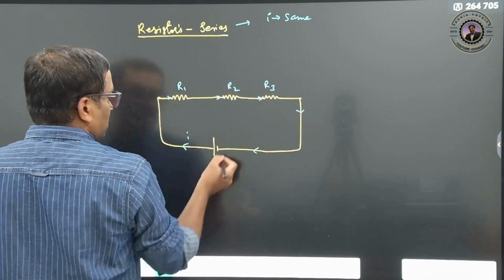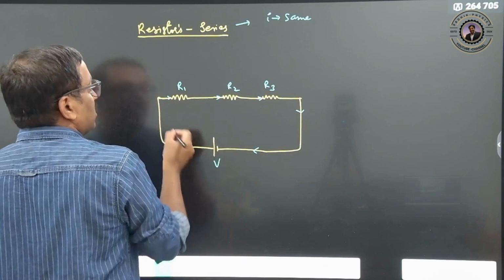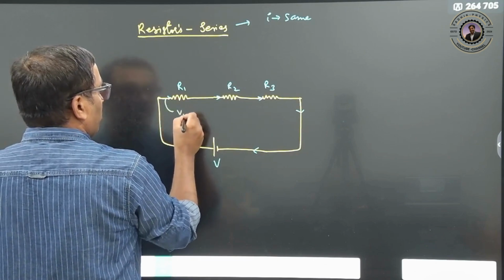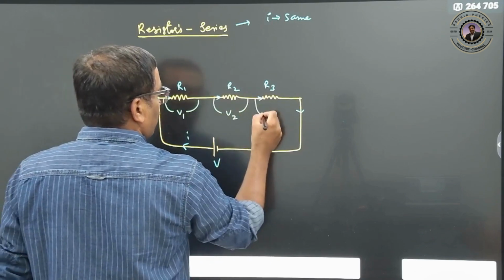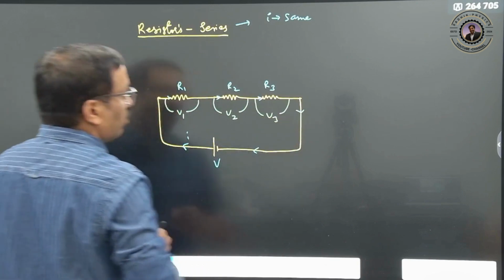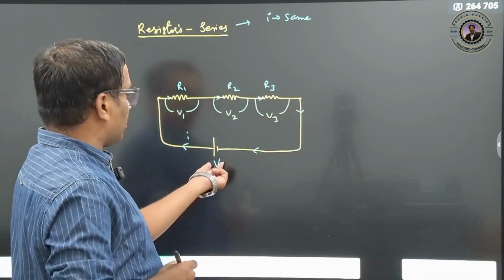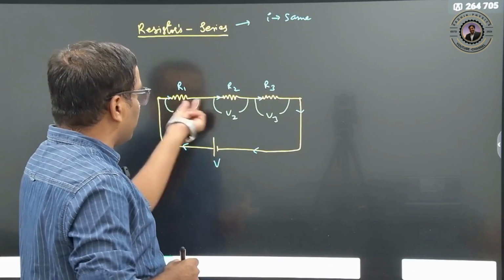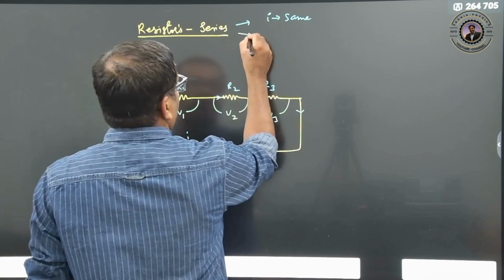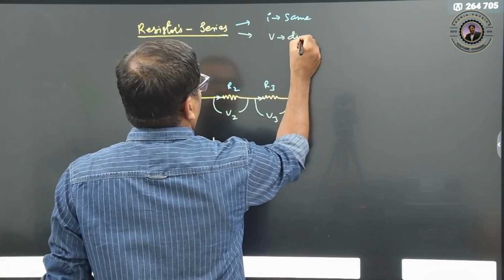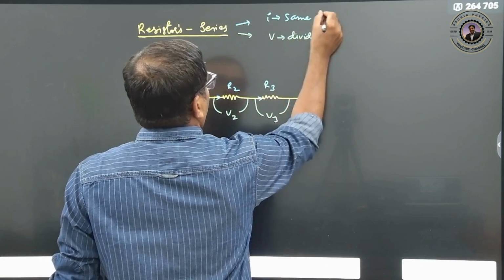That energy lost is nothing but the work done to cross it. So a certain amount of potential difference is lost here. Whatever energy is there will be divided across all of these, so in series combination the potential is divided among them.